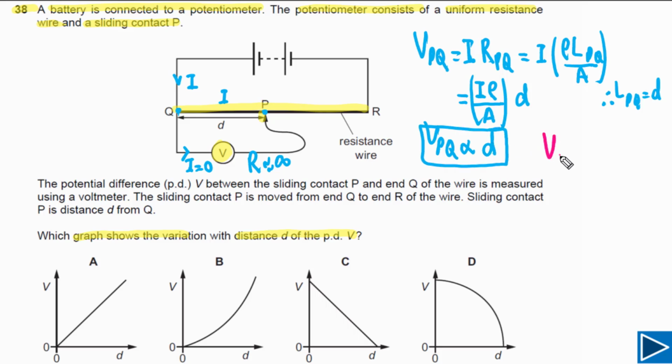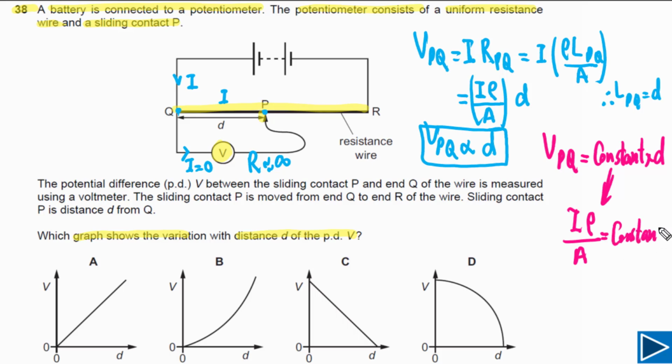We can also write VPQ is equal to some constant times d, and the constant in this case: I is constant, E is constant, rho is constant, and the cross-sectional area of the wire is also constant. So these quantities are constant. Now from here we can simply sketch a graph between two quantities, and these two quantities are directly proportional. If two quantities are directly proportional, the graph has to pass through the origin and it has to be a straight line.